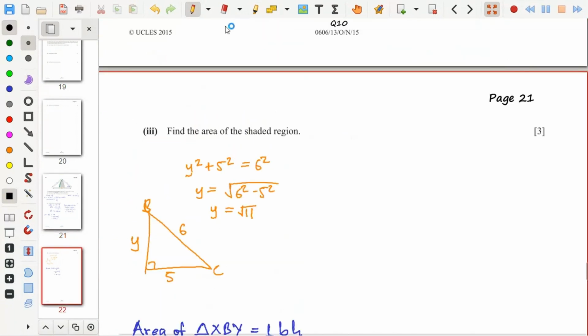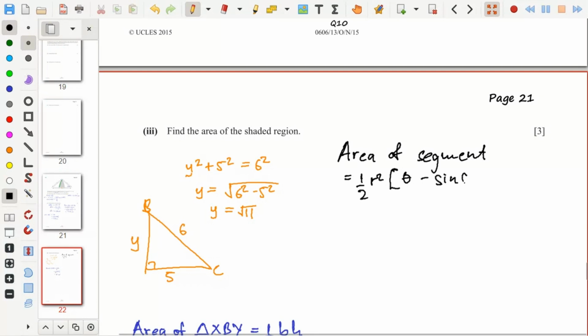So area of segment. Area of segment is given by half r squared into bracket theta minus sine theta.